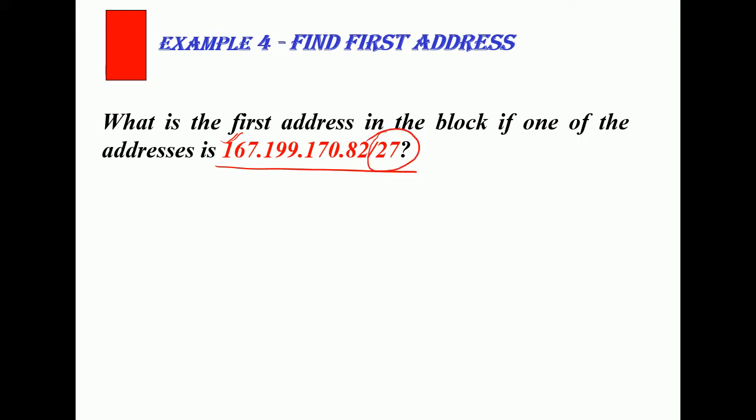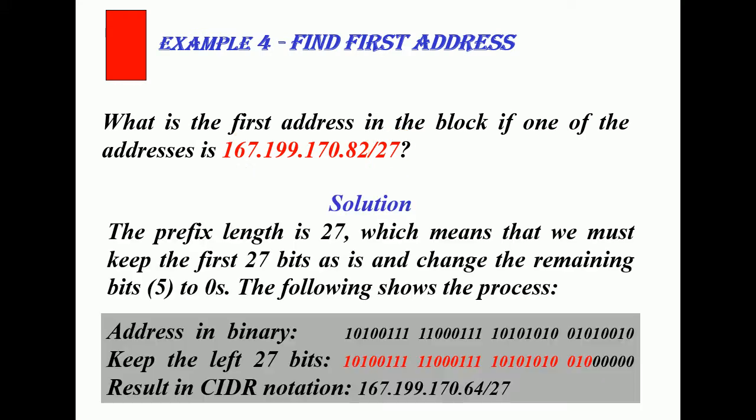The prefix length is 27, and in the first slide you have seen that a 27 prefix means the first 27 bits are the same as the network address, and the remaining 5 bits, because the total address space is 32, become 0.